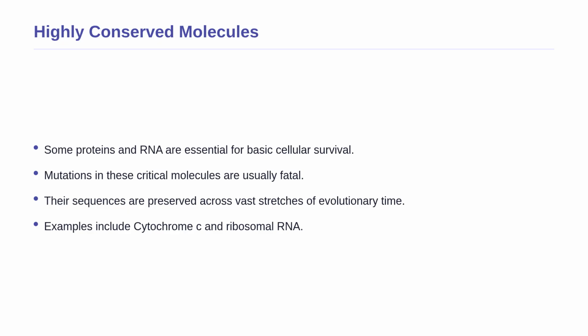In biology, molecules like cytochrome C, which is essential for cellular respiration, and ribosomal RNA, which builds proteins, are so critical that any mutation is usually fatal. Because these highly conserved molecules change incredibly slowly, scientists use them to compare species that diverged billions of years ago, proving all life shares a common origin.